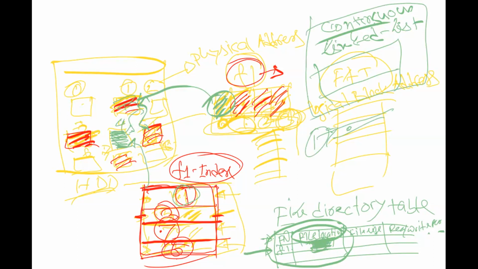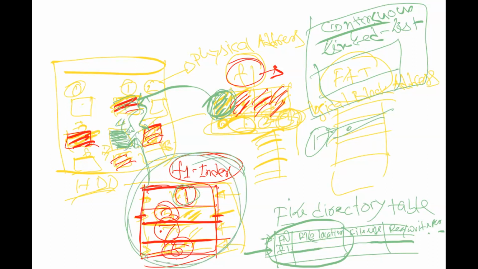But for the file index table method, it doesn't store the zero location of the file. Instead, it stores where the file index table was stored inside a HDD block. Here the file index table is stored in block number 4, so your file location contains this number 4.